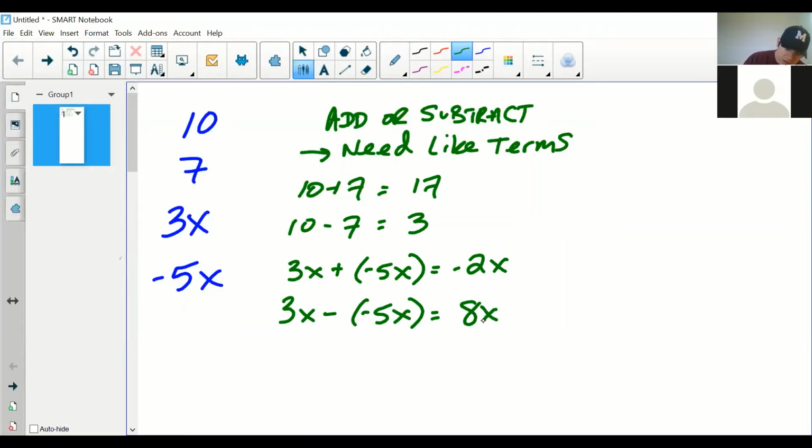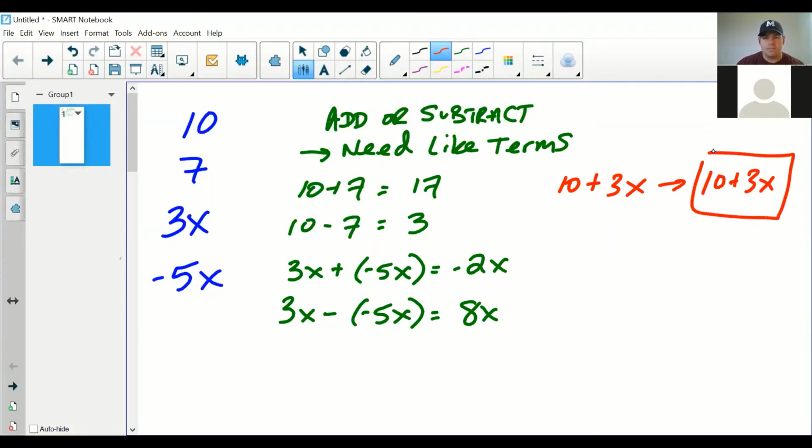That would give us an 8x. But contrary to that, if we tried to add or subtract not like terms, so for instance, if I did 10 plus 3x, that's not allowed. They're not like terms. Those aren't things that we can add together. So in the process of trying to simplify that, the only way that we could simplify that, well, we can't. So we would just rewrite down the whole thing, and it would probably make it better if we put it in something called descending order.